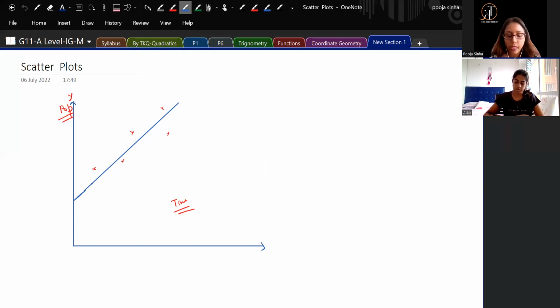Clear? Okay. So the first things you have to make sure of when making a line of best fit, please write down. You have to make a line of best fit in such a way that the average line is almost through the points.